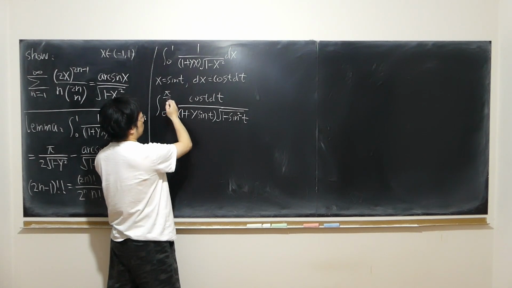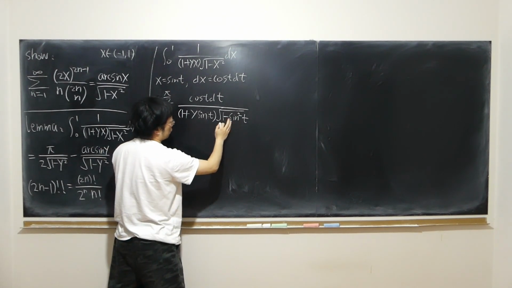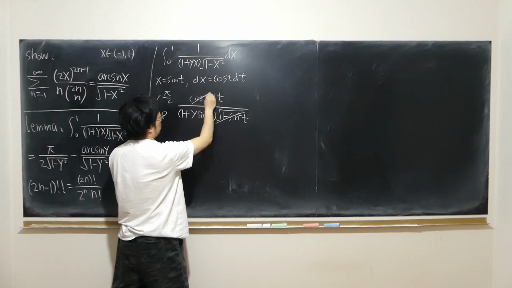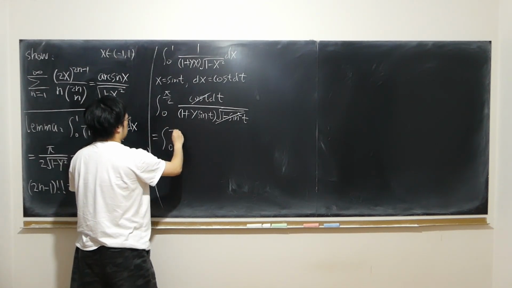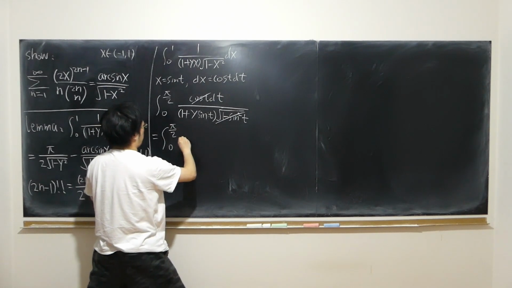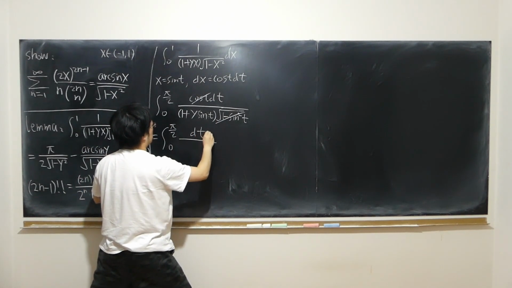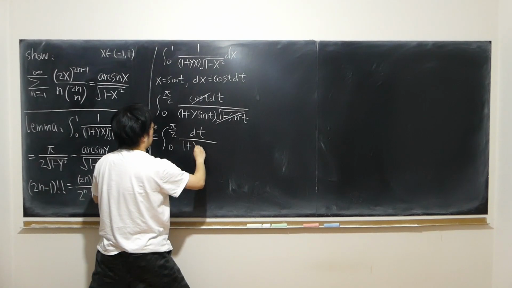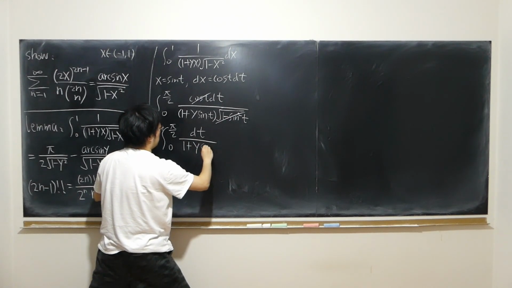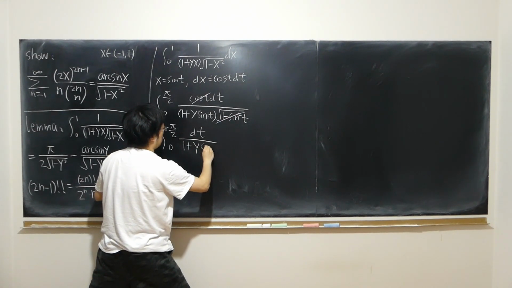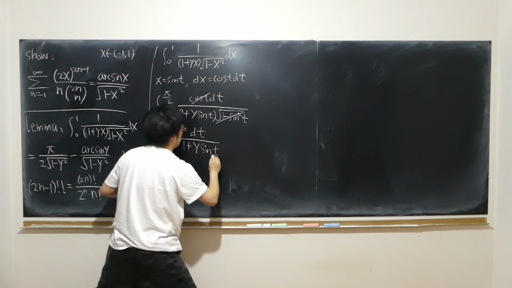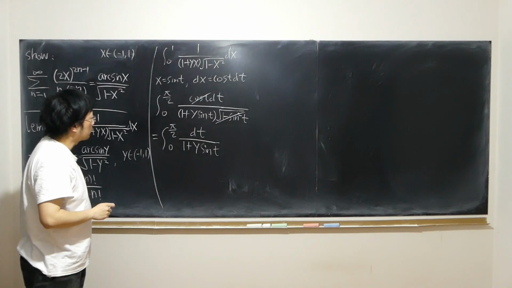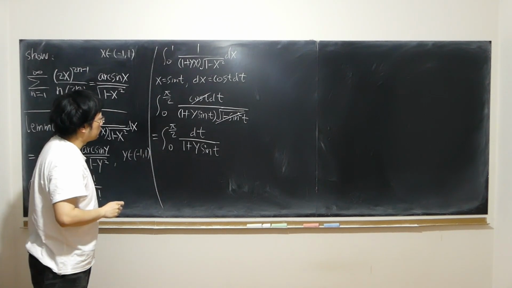So the cosine t cancels, and this is actually just dt. As soon as we see something involving only trigonometry, we know that it's definitely integrable.